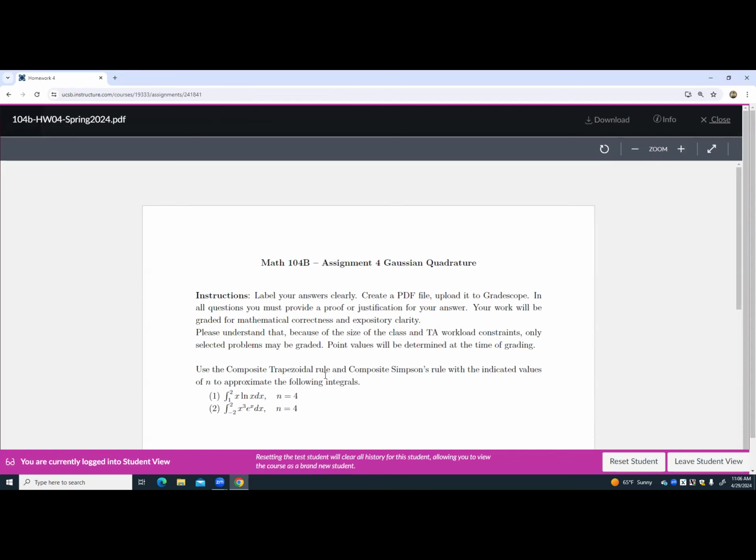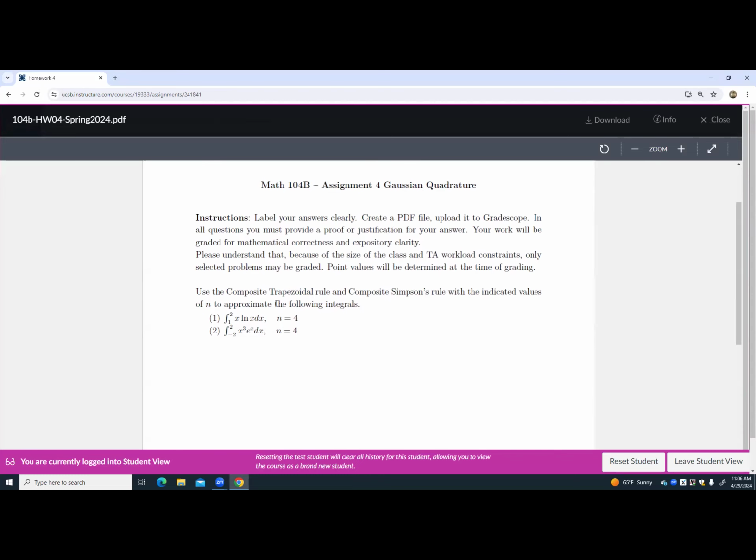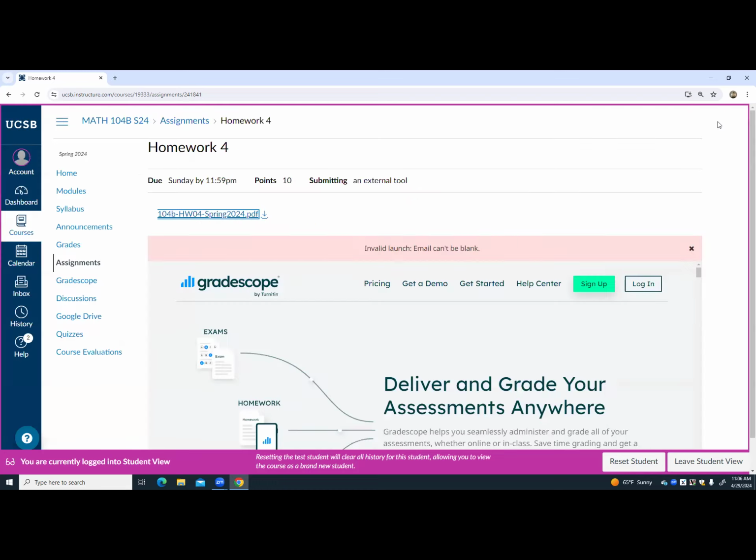I posted this homework because I want you to practice on this question, and there is something similar on your exam as well. It's about the composite trapezoidal rule and the composite Simpson's rule, and they should be on the exam as well. Just apply the rules to get the approximations; you don't need to do anything about the iterations. Just apply the formula, and that's it.